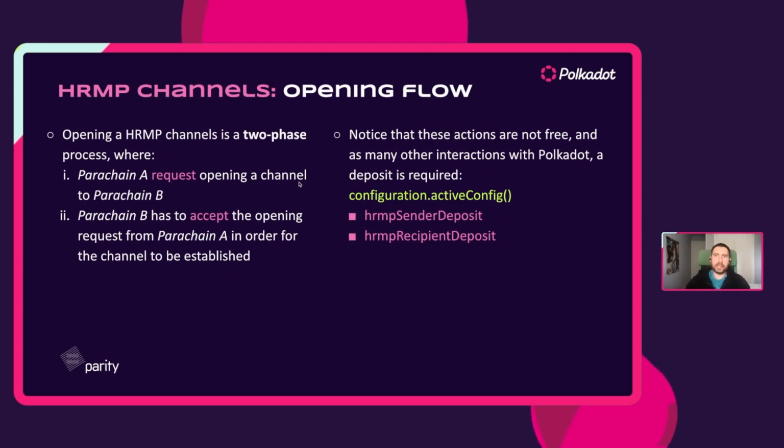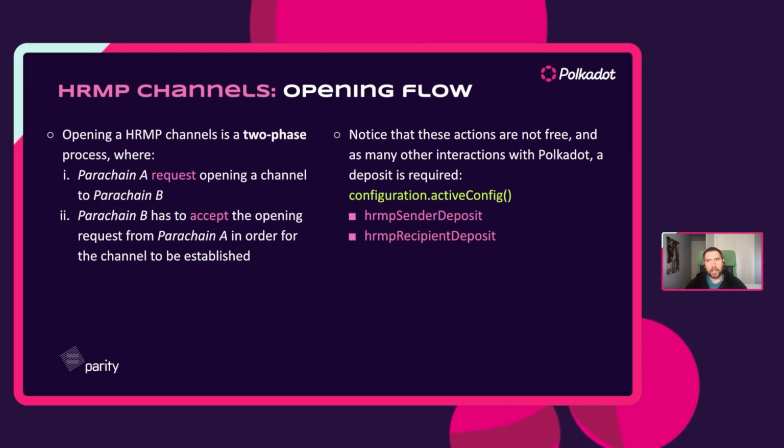So opening channels is a two-phase process. One of the actors, one parachain, has to initiate the channel opening flow by requesting to open the channel to another parachain. And then only when parachain B accepts that request is the HRMP channel established.